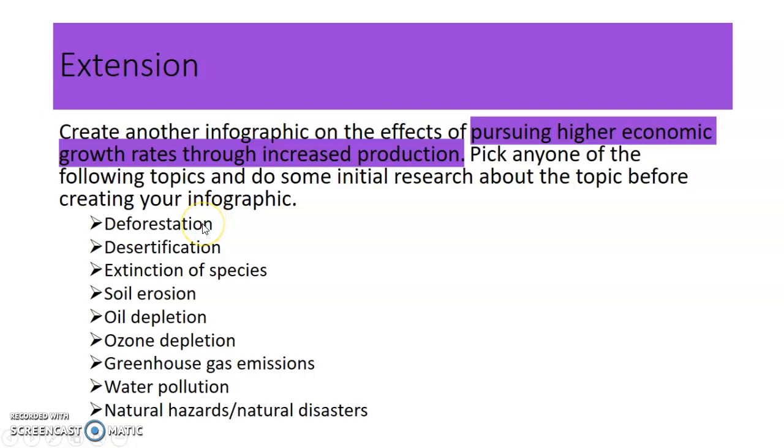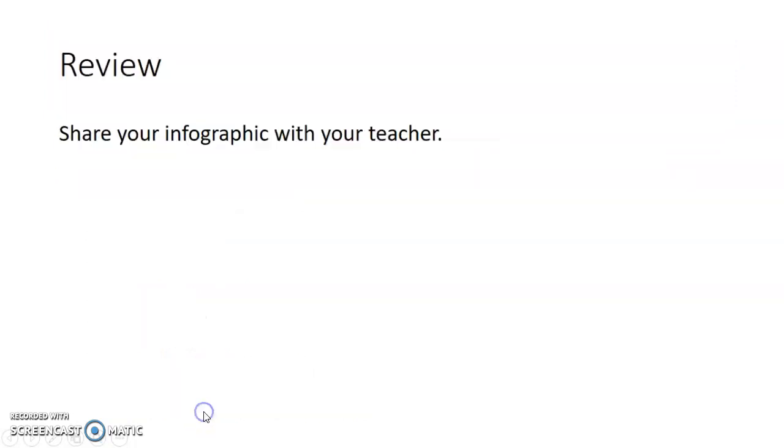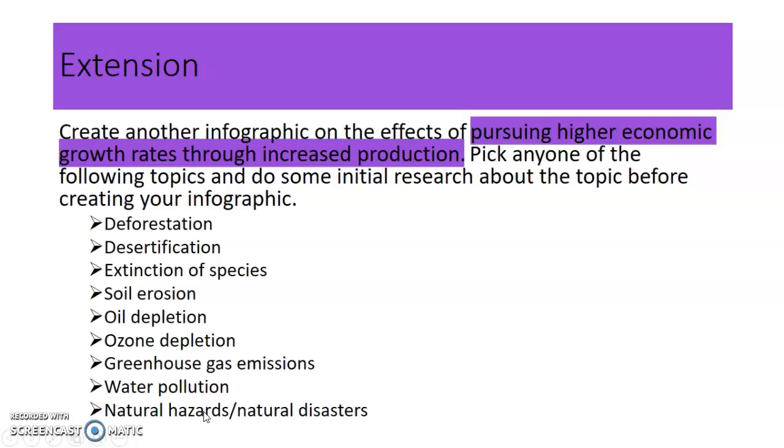So: deforestation, desertification, extinction of species, soil erosion, oil depletion, ozone depletion, greenhouse gas emissions, water pollution, or natural hazards or natural disasters. Very interesting topics. If you want to learn more about them, go on and do some research and create an infographic.